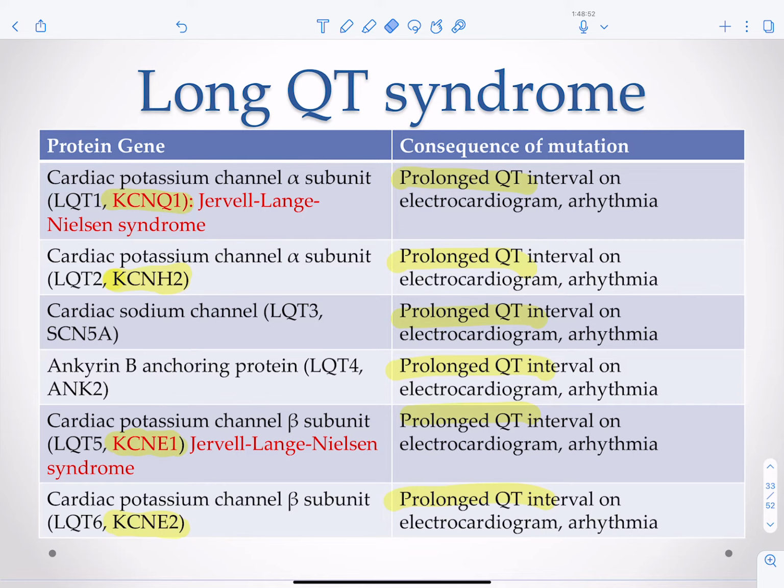So again, here are some of the genes involved in long QT syndromes. You have your potassium channels, you have your sodium channels. Some of them are anchoring proteins, so you have your ankyrin B protein. You have your beta subunit of the potassium channel, etc. And so they're all going to lead to prolonged QT intervals and arrhythmia.